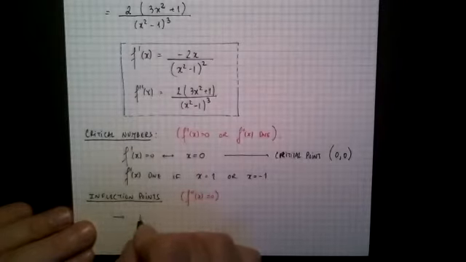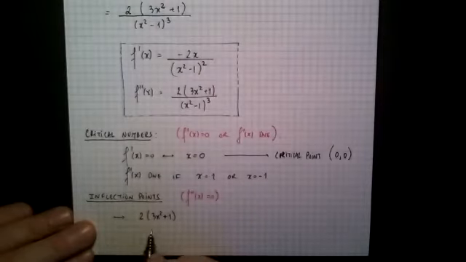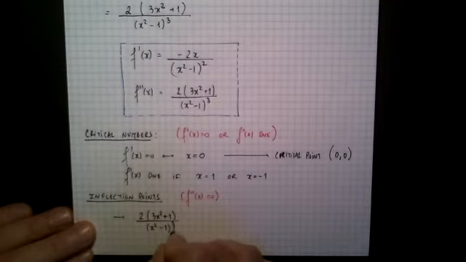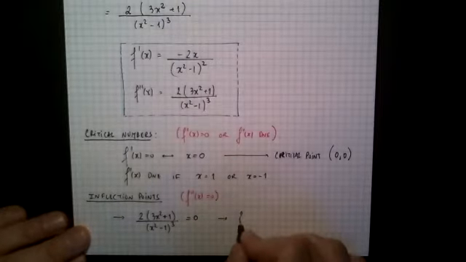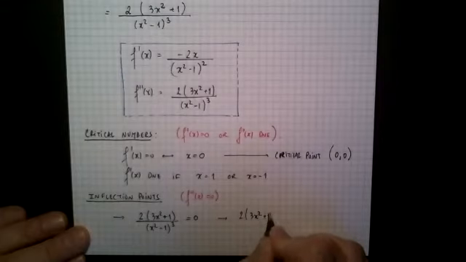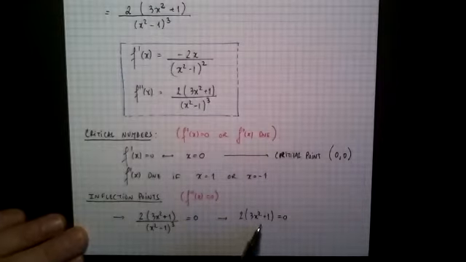So 2 times 3x squared plus 1 over x squared minus 1 cubed is equal to 0, which is when the numerator is 0. So basically when 2 times 3x squared plus 1 is equal to 0. And of course, this is not possible because this is always a positive number. This is always at least 1, right? It's 1 plus a positive, cannot be 0. And times 2 obviously cannot be 0.